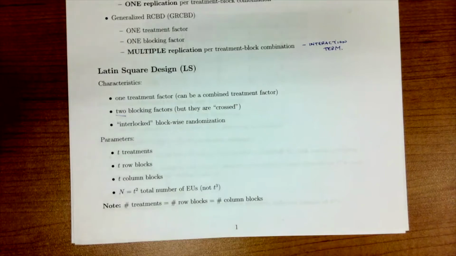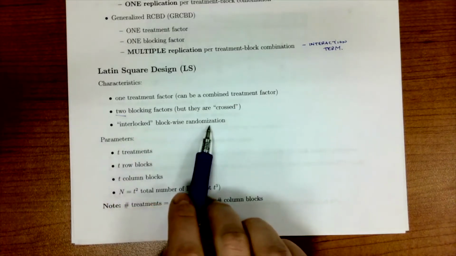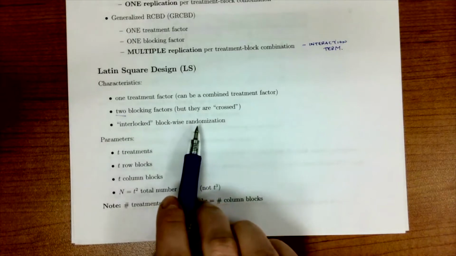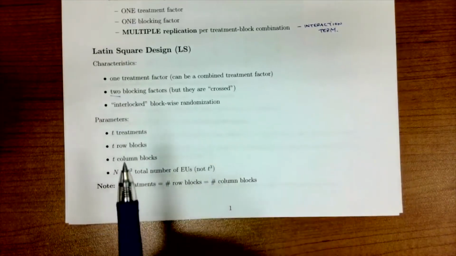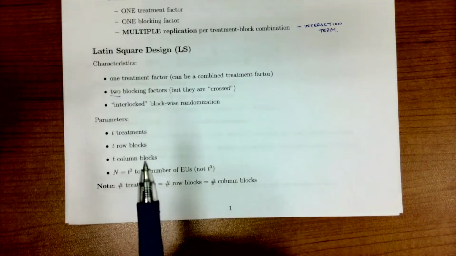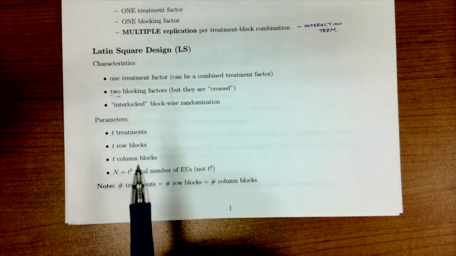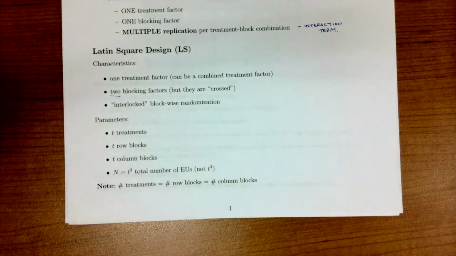We also have interlocked blockwise randomization, and this will make more sense as we start to see an example. For the parameters of the Latin square design, you'll notice that we have T treatments, and now we have what we call T row blocks and T column blocks. Rows and columns relate back to the fact that the Latin square is a square design.